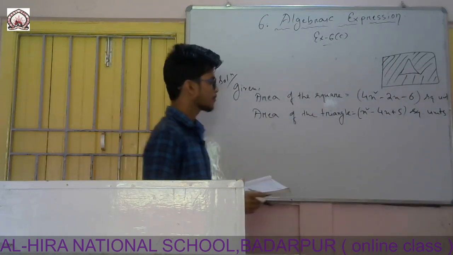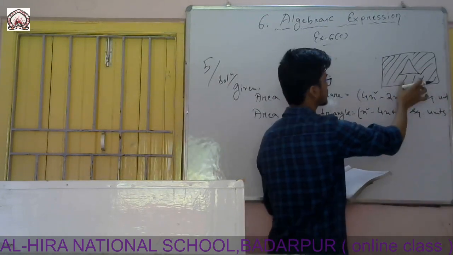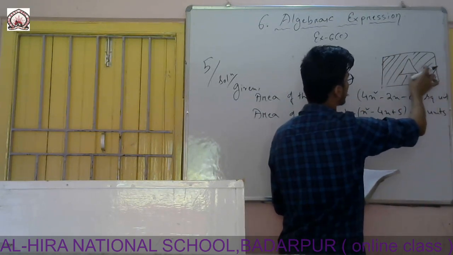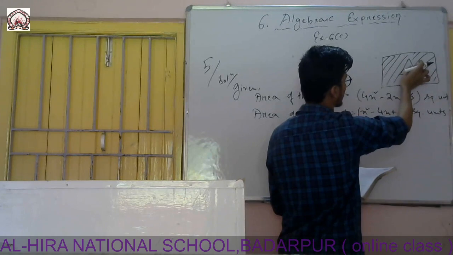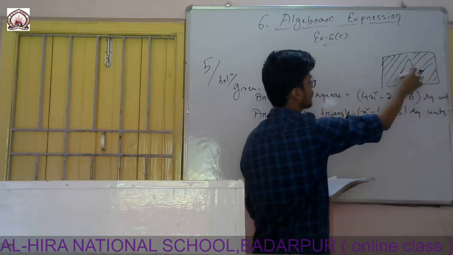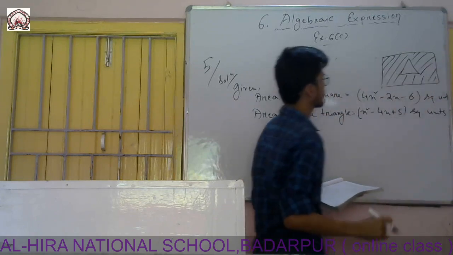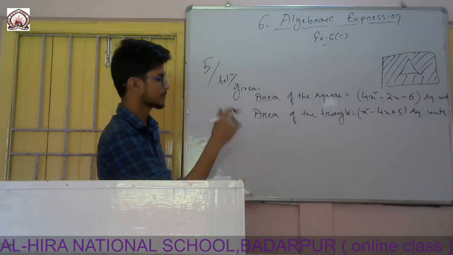So to find this area, simply I will subtract the area of the triangle from the whole area of this square. So I will get the shaded portion. If I subtract this portion from this square, then I will get the answer.